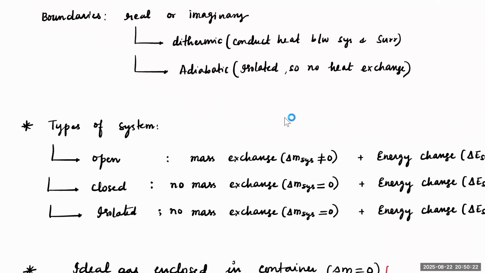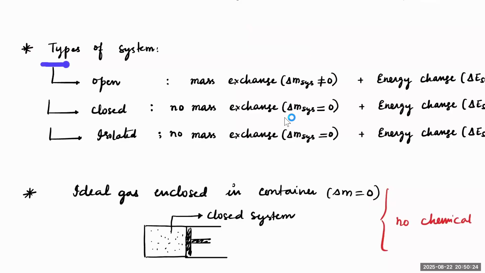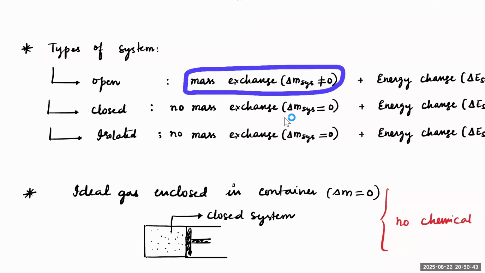Now, there are three types of systems in general. The space which is under observation is of three kinds: one is an open system, then closed system, or isolated system. We say a system is an open system if we are able to exchange mass with the surroundings, as well as energy.